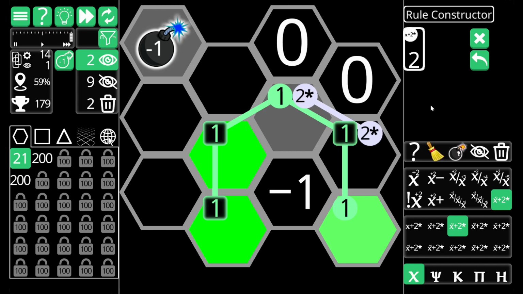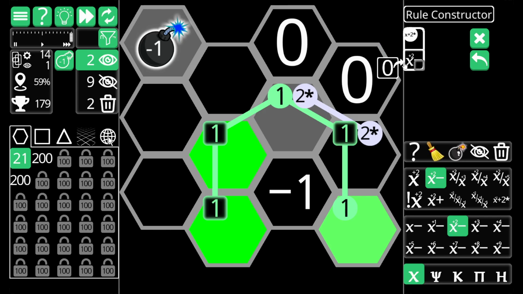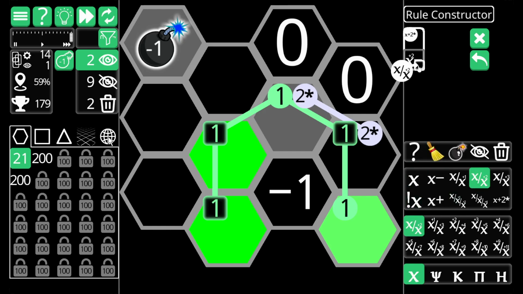Well, if its size is at most, sorry, x plus 2, like so, then it has to have at least x, and it has at most x plus 2, so it has either x or x plus 2. Like so.